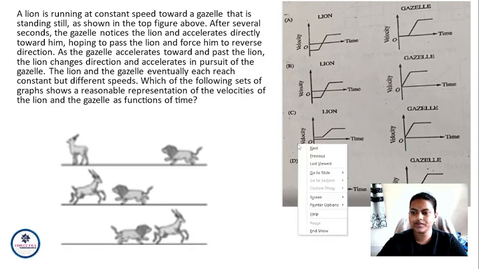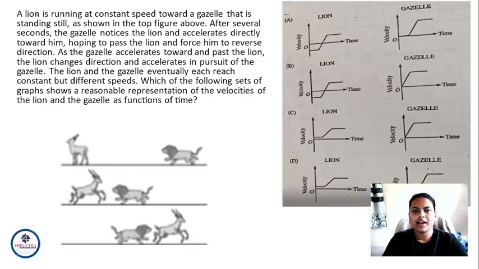This is a question which has been asked in a previous AP exam. A lion is running at constant speed towards a gazelle that is standing still, as shown in the figure. Initially, the gazelle is stationary, and the lion is moving with a constant speed towards the gazelle.